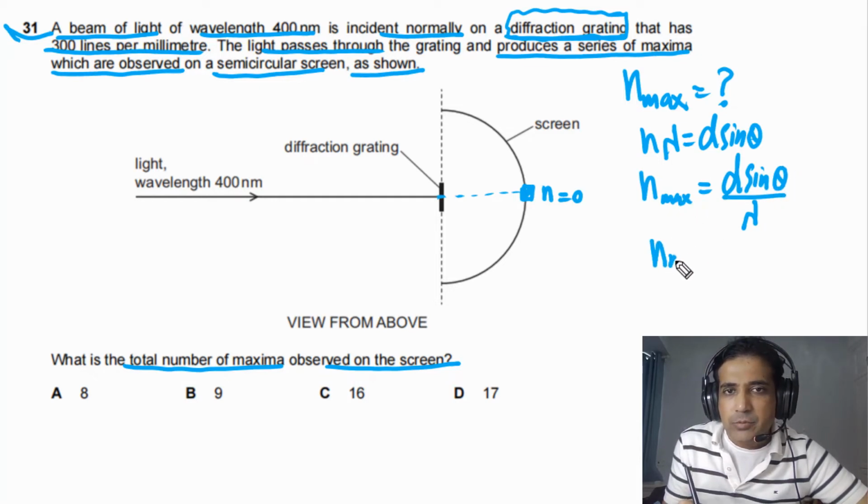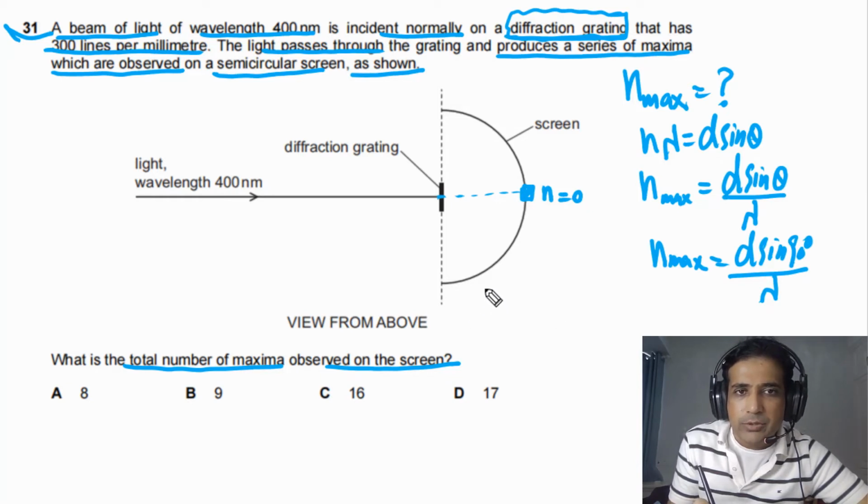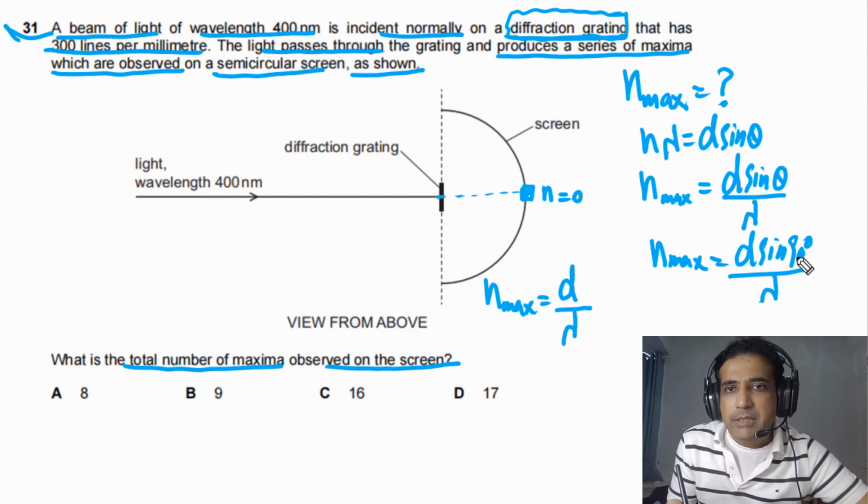So n max has to be equal to d sine of 90 degrees divided by lambda. So n max simply is equal to d divided by lambda, because sine of 90 degrees is equal to 1.